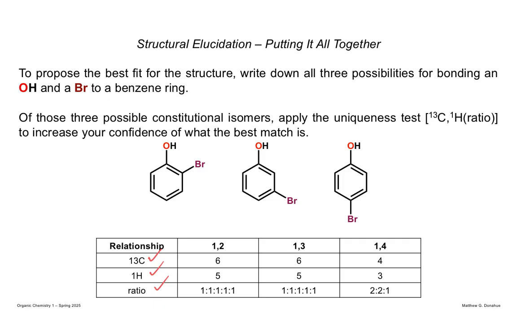So I'll tell you right away, when you're looking at spectra or you're doing research and you acquire your own spectra, the 1,4 is the easiest to spot immediately because in the aromatic region, you're only seeing 2 unique sets. So it's pretty easy to reject the other ones.